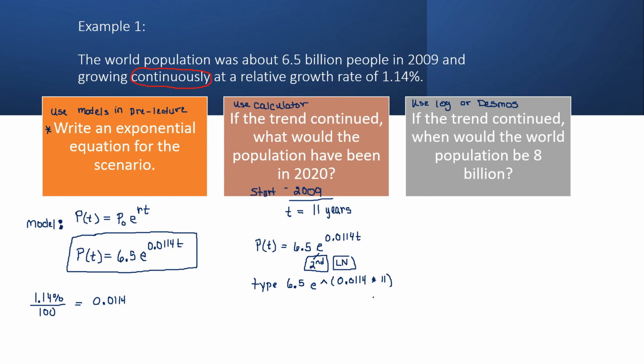Now, very important, I cannot end my parentheses until after that 11 because that 11 is part of the exponent. I have to get all of that in the exponent. And so my calculator, I hit equals, and my calculator gives me 7.368, etc. And so my original number was rounded to 1 decimal, so I'll go with 7.4 billion.